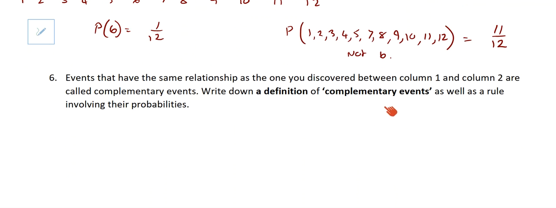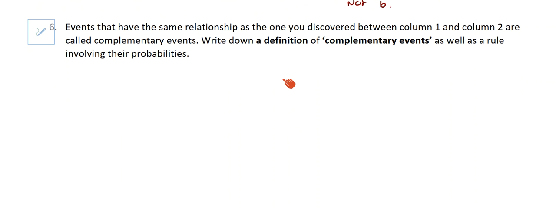So, events that have the same relationship as the one you discovered between column 1 and 2 are called complementary events. Write down the definition of complementary events.